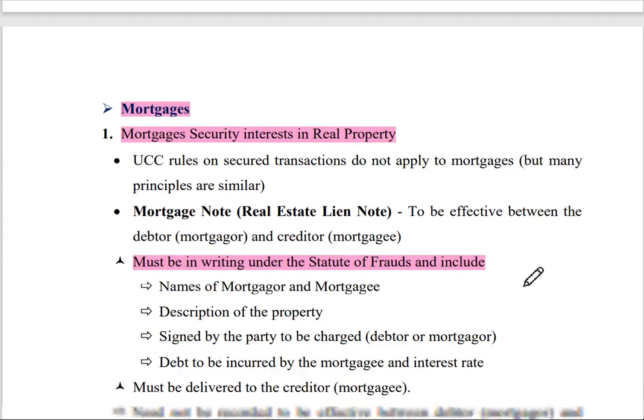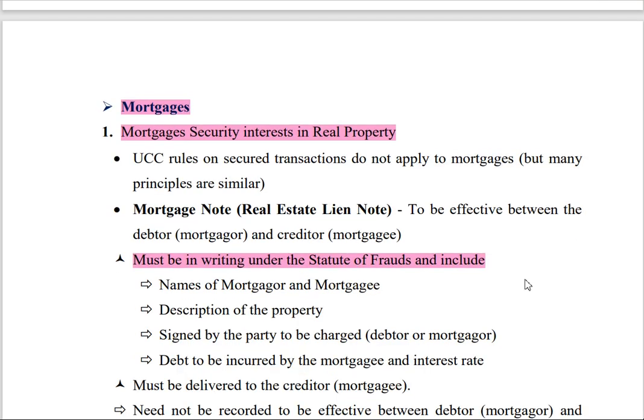All right, so now, when we discuss mortgages, mortgages are basically a security interest in the real property, isn't it? As per the statute of frauds, mortgages need to be in writing. The mortgagee is the one who gives the mortgage, and the mortgagor is the one who takes it.